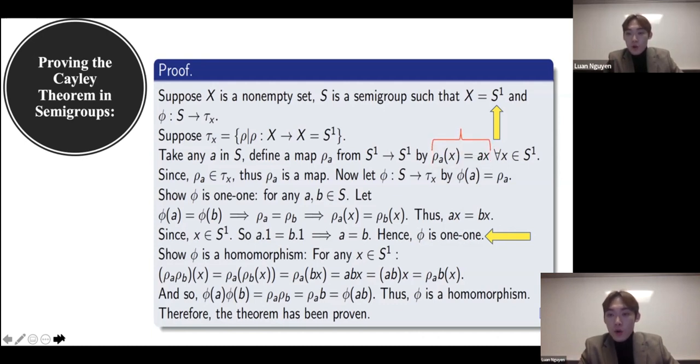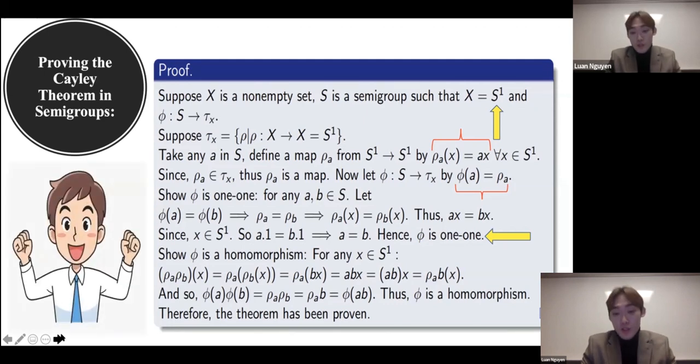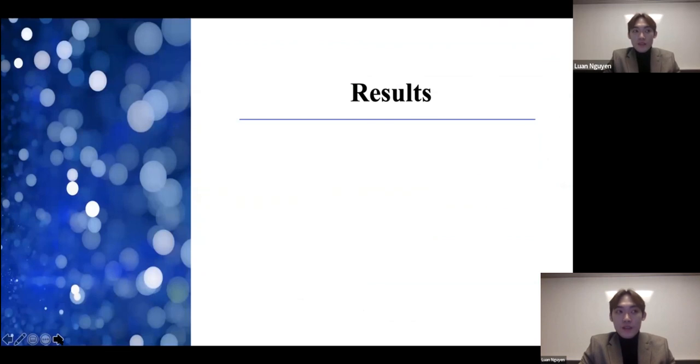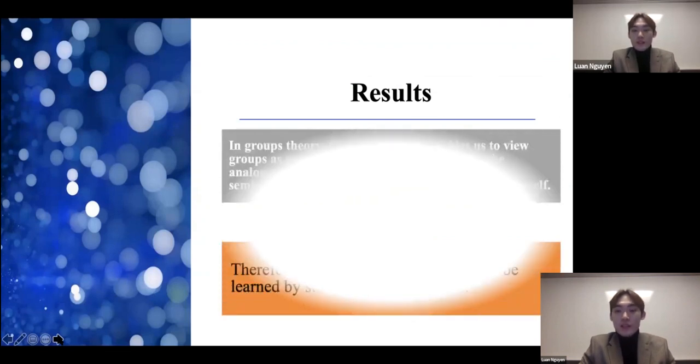The first one is rho A of S equals AS, and the second one is theta of A equals rho A, and then I can show theta is one-to-one and theta is a homomorphism. So after I prove theta is one-to-one and a homomorphism, that means the Cayley theorem for semigroups was proven. Yeah, it's proved.